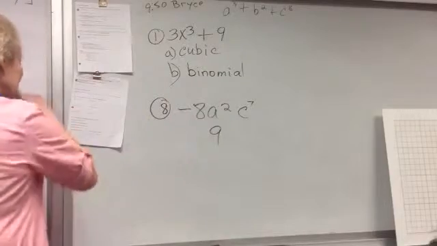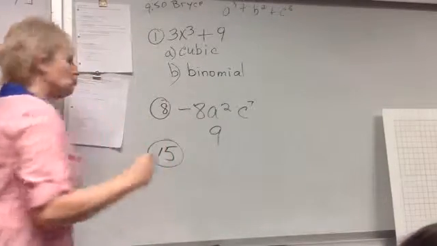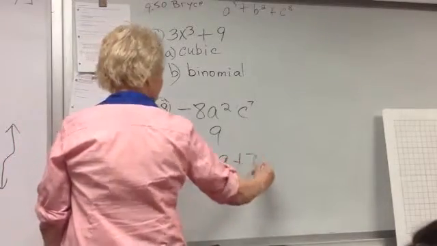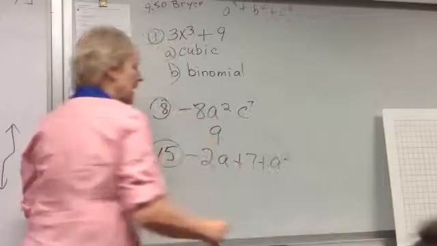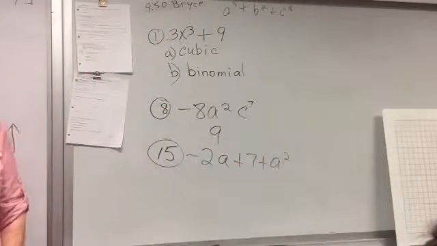Okay, now I'm going to go to the next section. Number 15. It says, write it in standard form and state the leading coefficient. First of all, how is it in standard form?